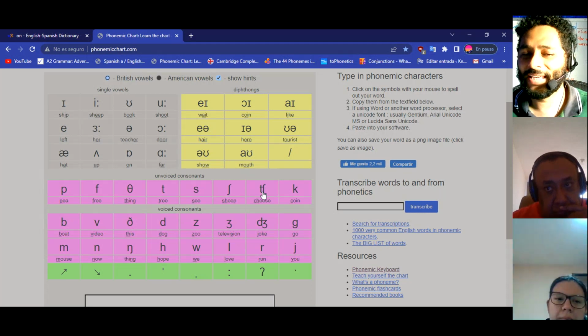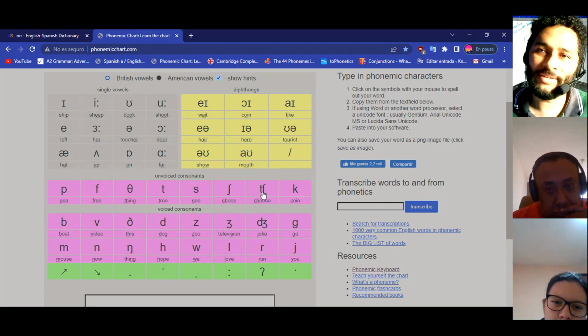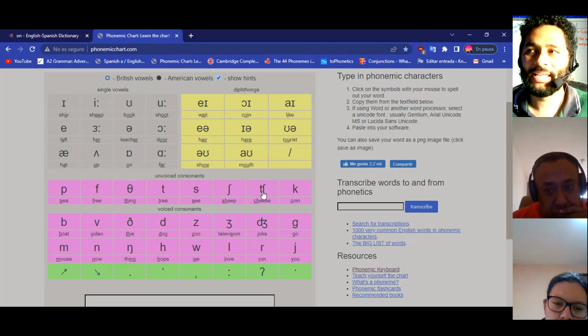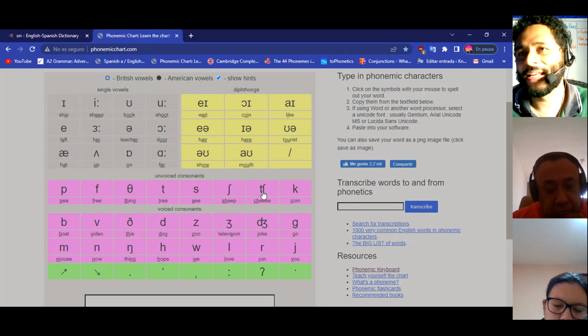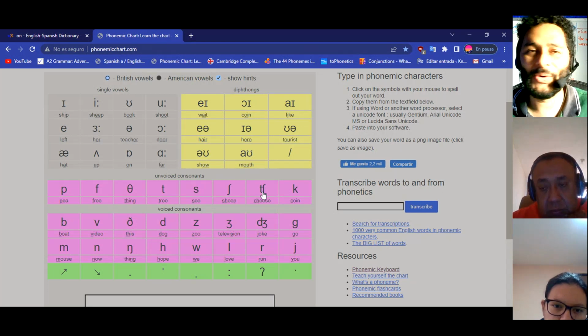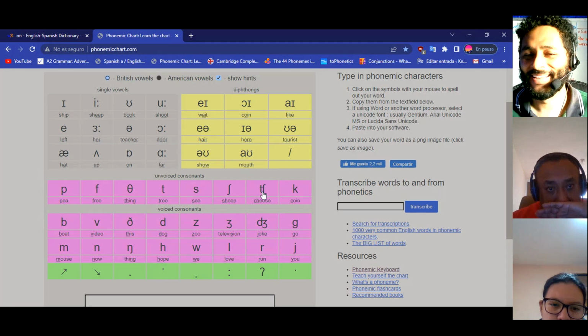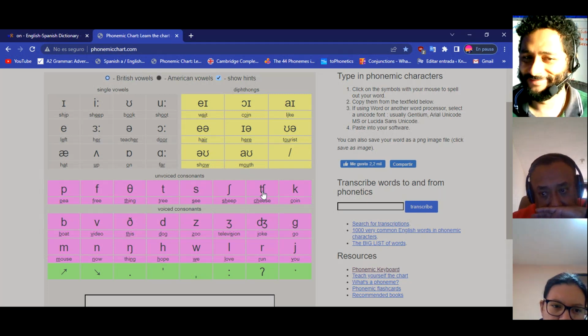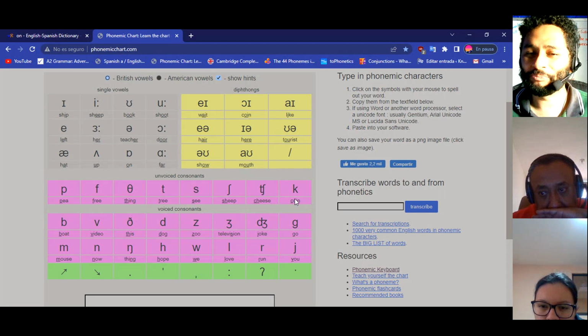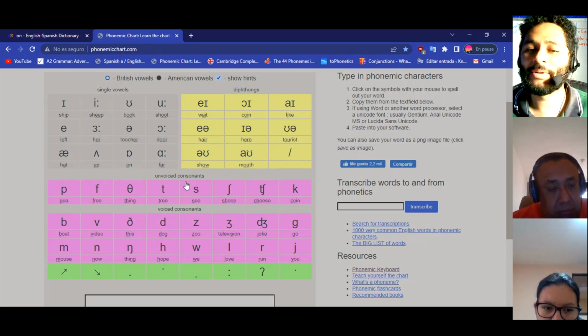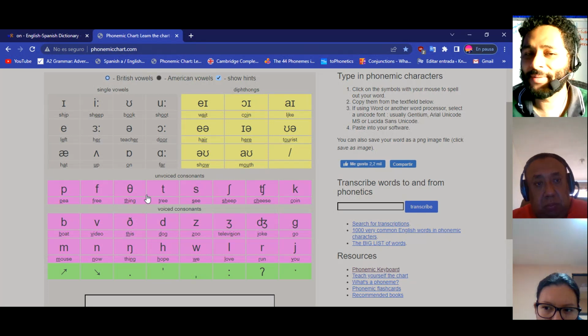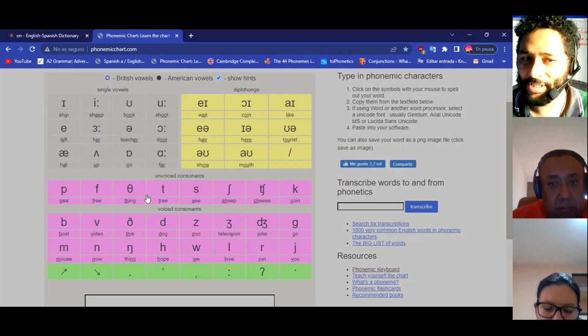Una cosa bien chistosa en español es que las letras sí corresponden a los sonidos, es decir, A es A, E es E, O es O, U es U, I es I. Y ya, ¿no? Pero en inglés no tanto. Entonces, tienen este sistema, le dicen alfabeto fonético. Simplemente es un alfabeto, pero de los sonidos. En vez de un alfabeto de letras, es un alfabeto de sonidos.